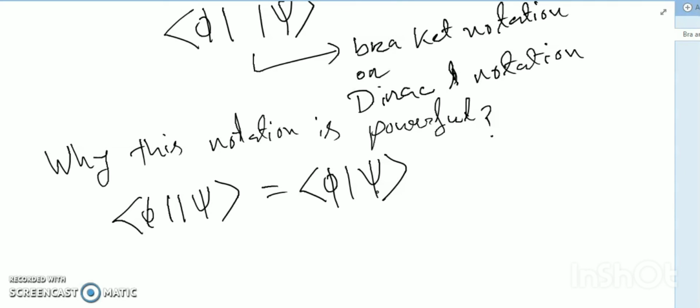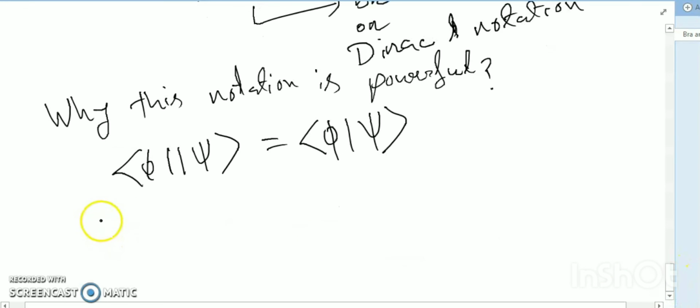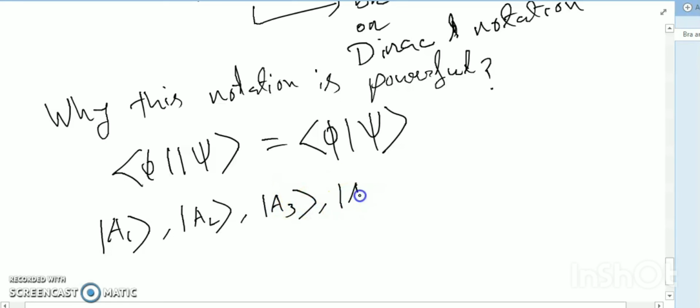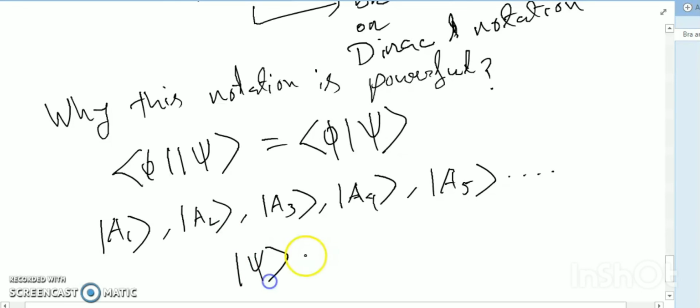Example: we have an orthonormal basis in our vector space and we expand an arbitrary quantum state in this orthonormal basis, psi equals the sum over i of c_i a_i.